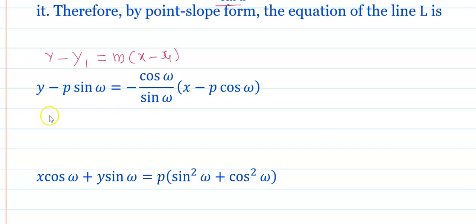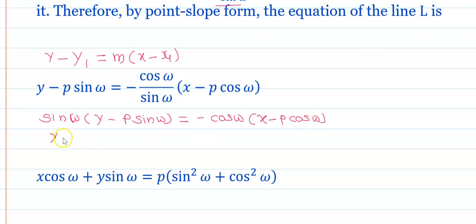And then simplify. Sine omega times (y minus p sine omega) is equal to minus cos omega times (x minus p cos omega). Simplifying, y sine omega minus p sine square omega is equal to minus x cos omega plus p cos square omega.